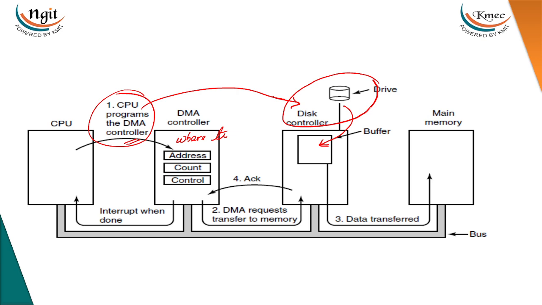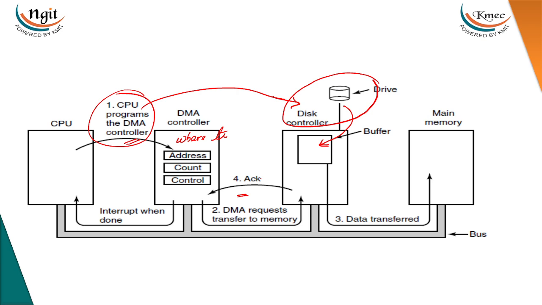Step 2: the DMA controller initiates the transfer by issuing a read request over the bus to the disk controller. Then the disk controller knows where the data is to be written, because it examines the address of the destination on the system bus.